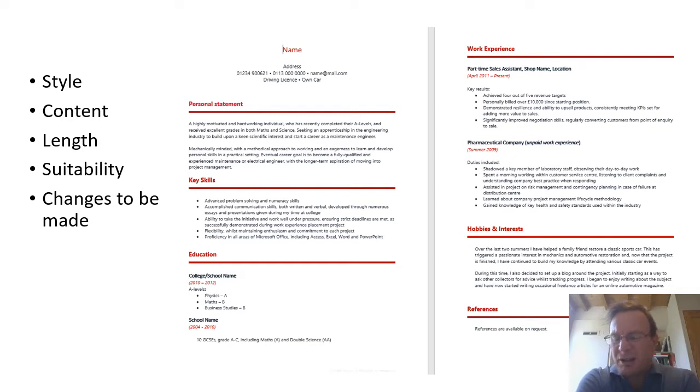Now this is a nice style. This is a very business-like presentation. You'll see that we've got the personal statement at the top, which is great. We've got the name and address right at the very top, but under the personal statement it goes to key skills, and what you see is a short number of almost bullet pointed key skills, and this is quite nice to see.